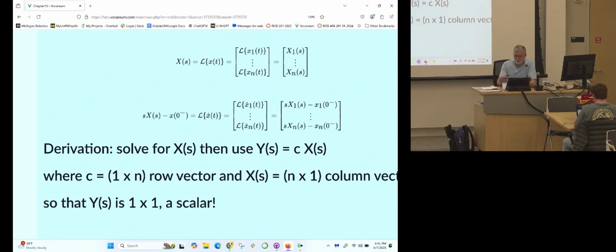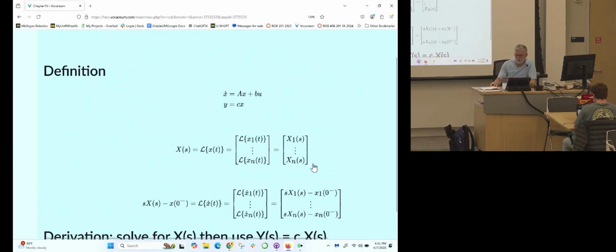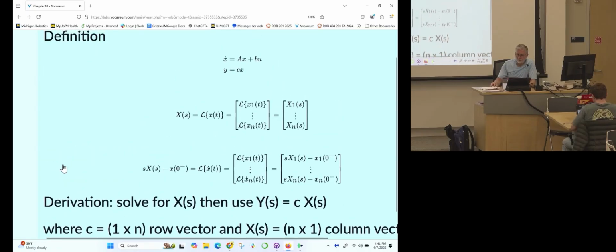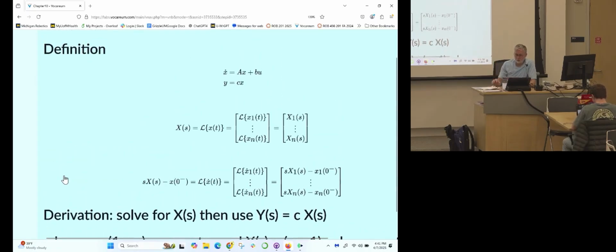Okay, so C has to be a row vector in this equation. On the simple model that we had written down where y was equal to x1, C would be 1, 0, 0, 0, 0 times x1, x2, x3, dot dot, xn. So it would just pick off the first component.